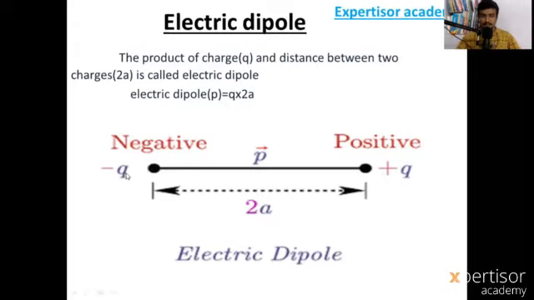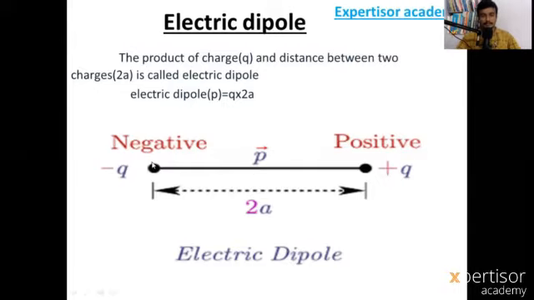These electric field lines are moving towards the charge, and these electric field lines are moving away from the charge. So these electric field lines act at the midpoint of this dipole, and the positive charge's electric field lines also act at this point.